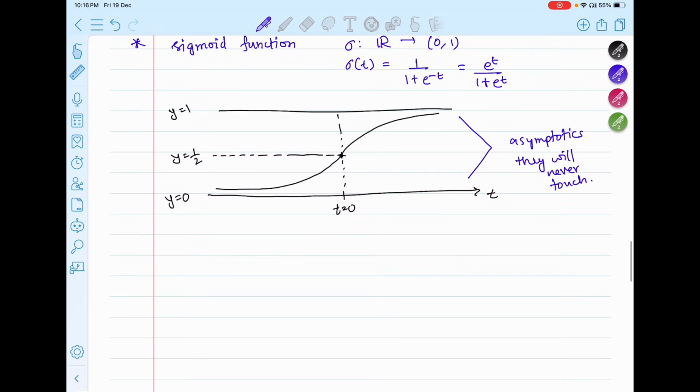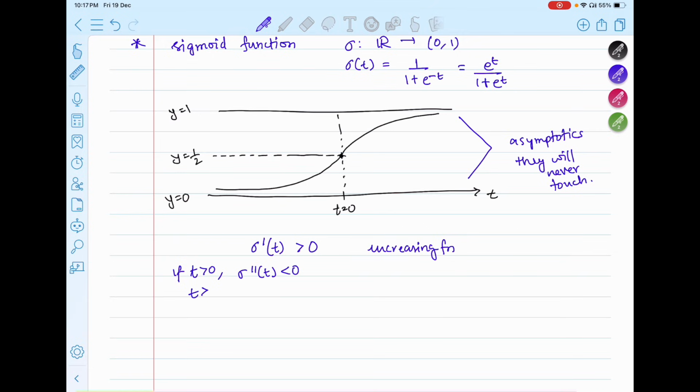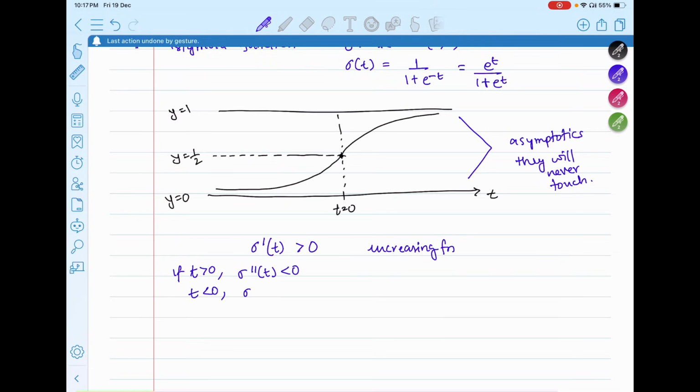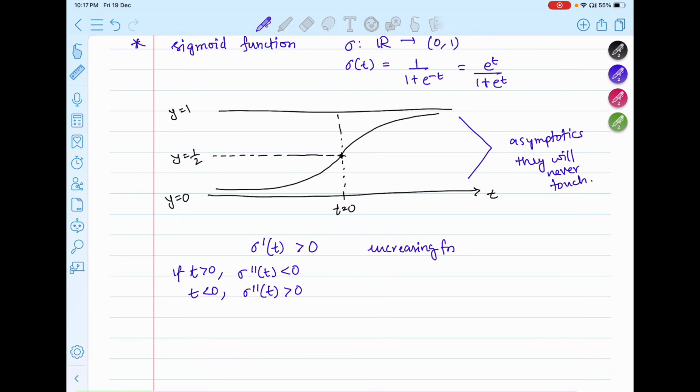You can easily note that sigma prime(t), the first derivative, is strictly positive, which is why this is an increasing function. Secondly, if t is positive, then sigma double prime(t) is negative, and if t is negative, then sigma double prime(t) is positive.